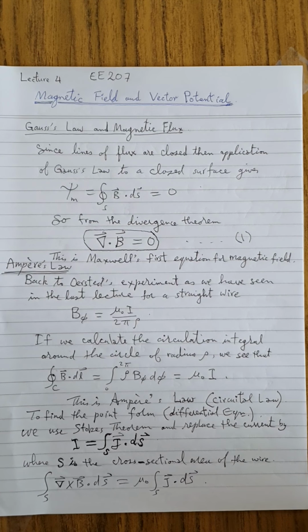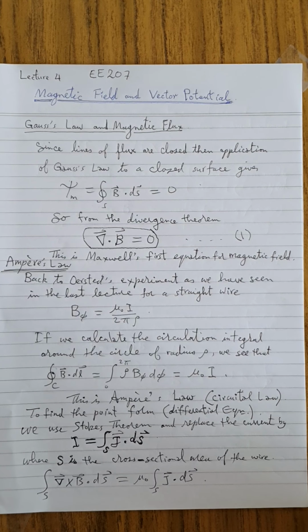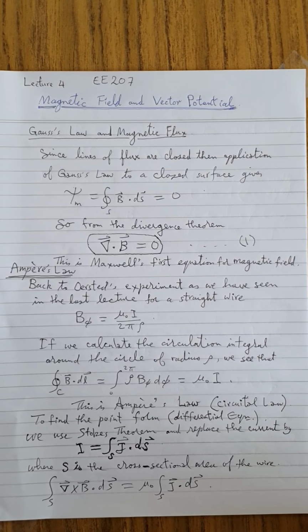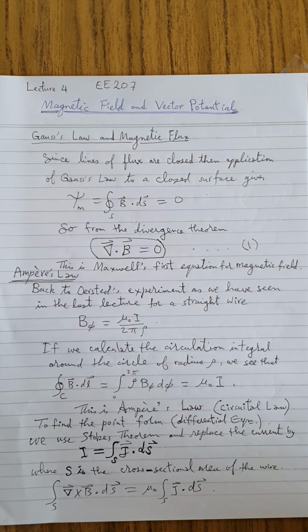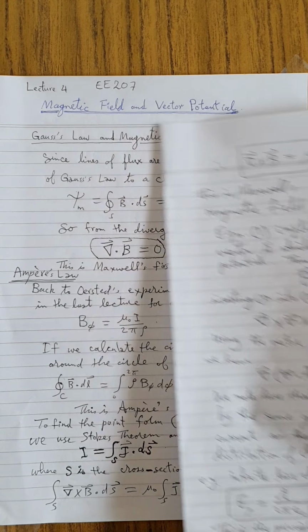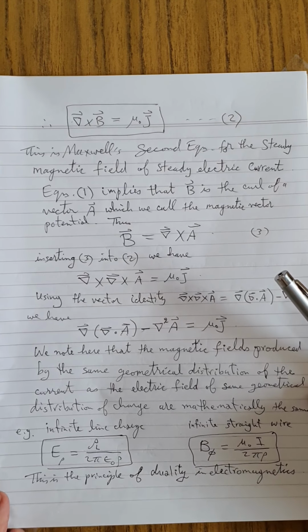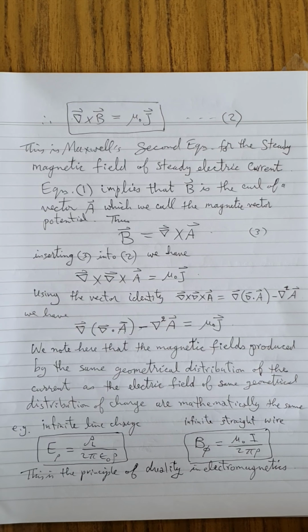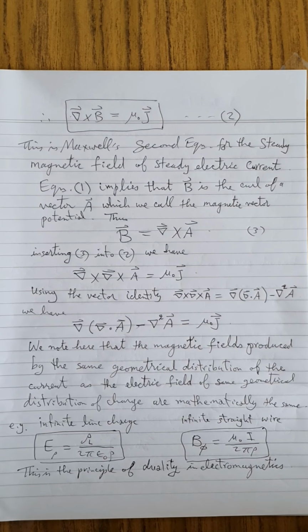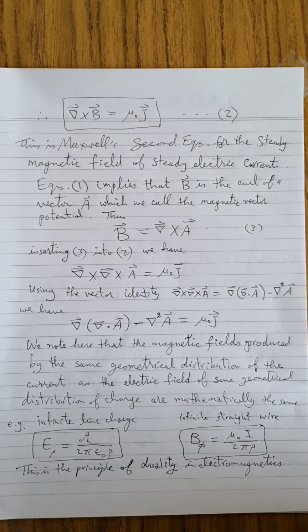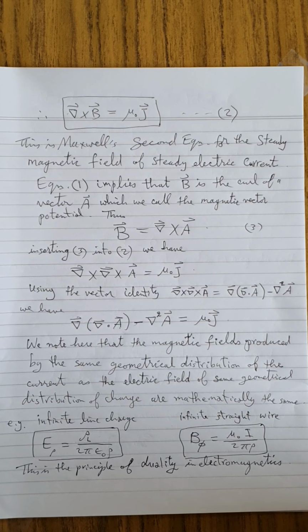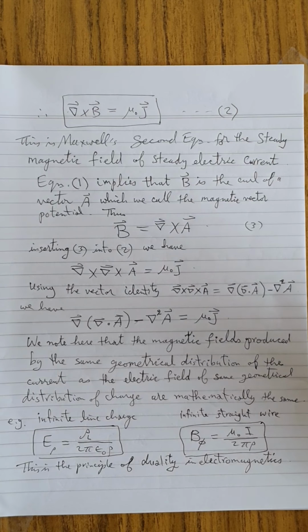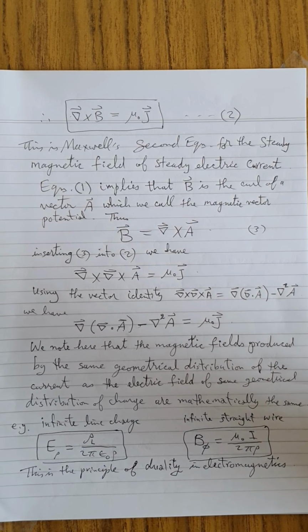So Ampere's law becomes the integration over S of curl B dot ds equal to mu naught times the integration over S of J dot ds. So this leads to curl of B equal to mu naught J. This is Maxwell's second equation for the steady magnetic field of the steady electric current.